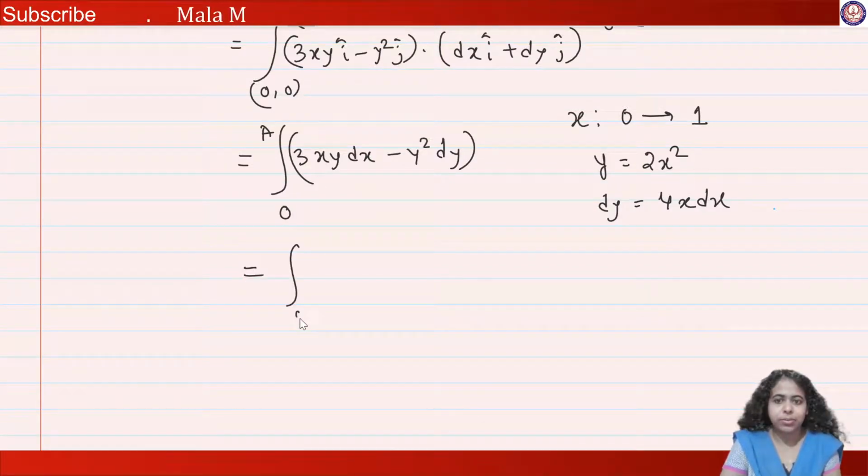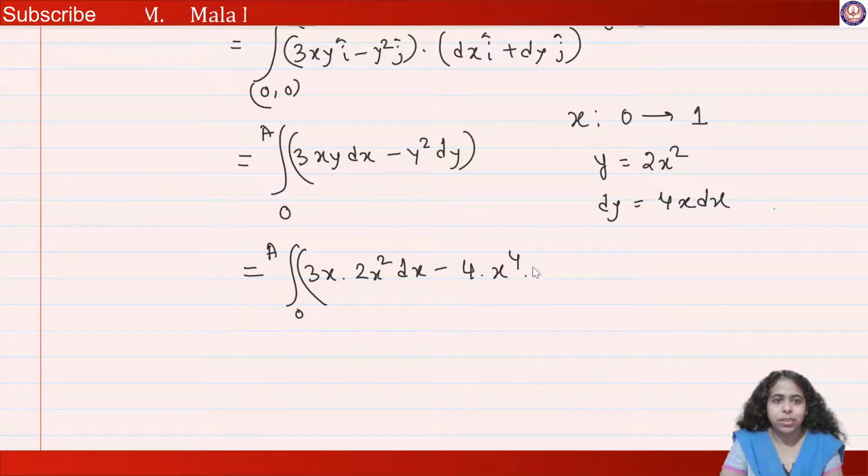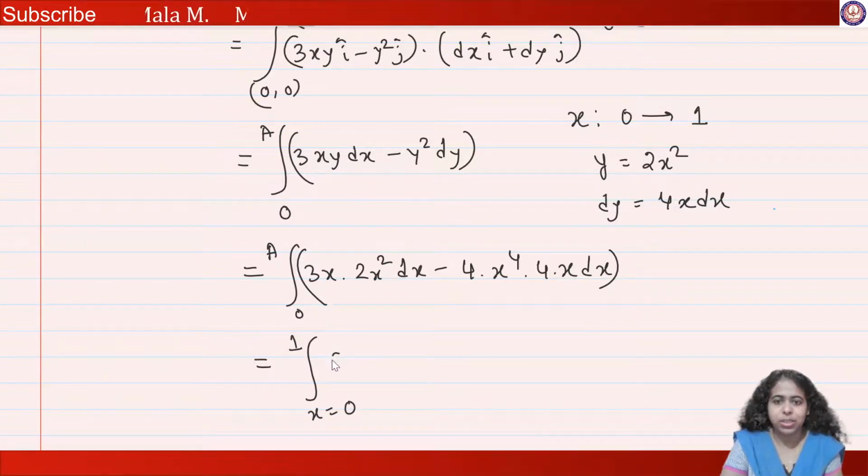So what we get? 3x into 2x square dx minus y square, which means 4 into x to the power 4, and dy means 4 into x into dx. So the equation becomes, with limit 0 to 1, 3 into 2, 6x cubed minus 16x to the power 5 dx.